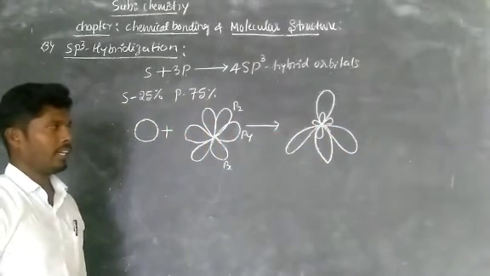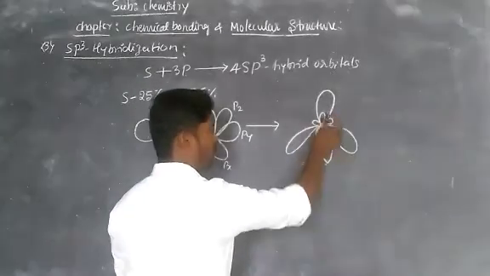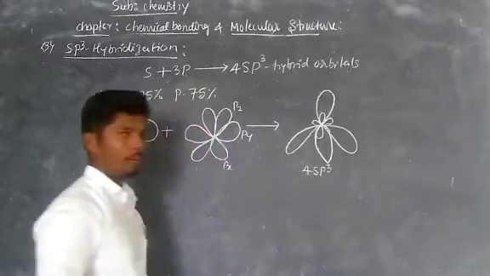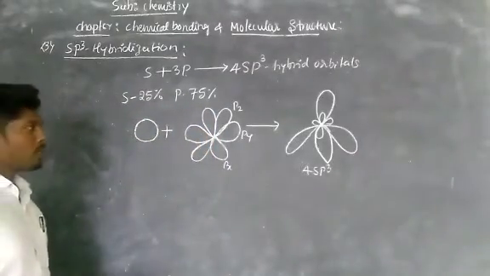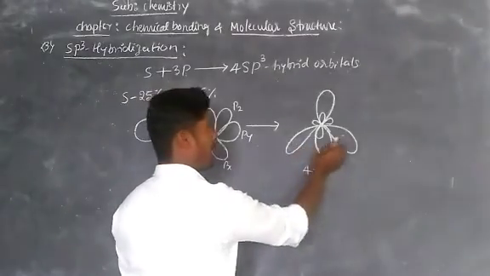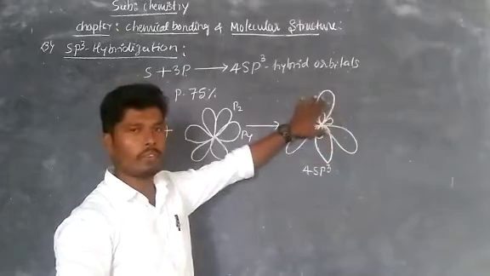Like that you get a set of hybrid orbitals. 1, 2, 3, 4. So this is called what? 4 sp3 set of hybrid orbitals. Now observe how these 4 sp3 hybrid orbitals are oriented in 4 different directions.